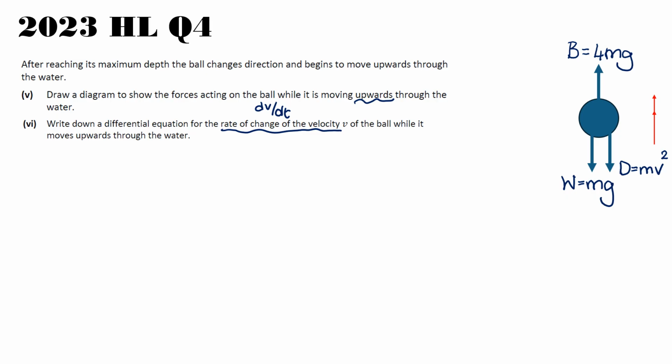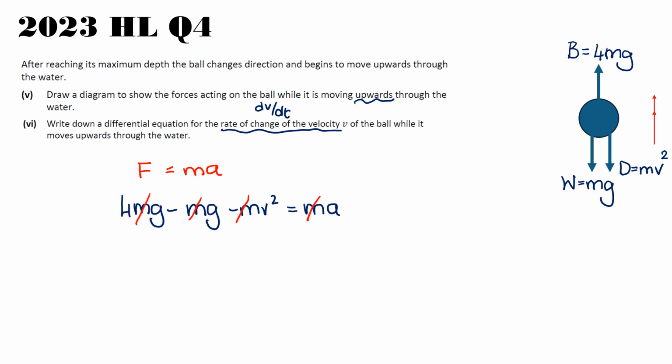And we're going to start with our F equals ma. We always start with the direction of motion, which is why that additional arrow is so important. So we have 4mg minus mg minus mv squared is equal to ma. And we get rid of all these m's.